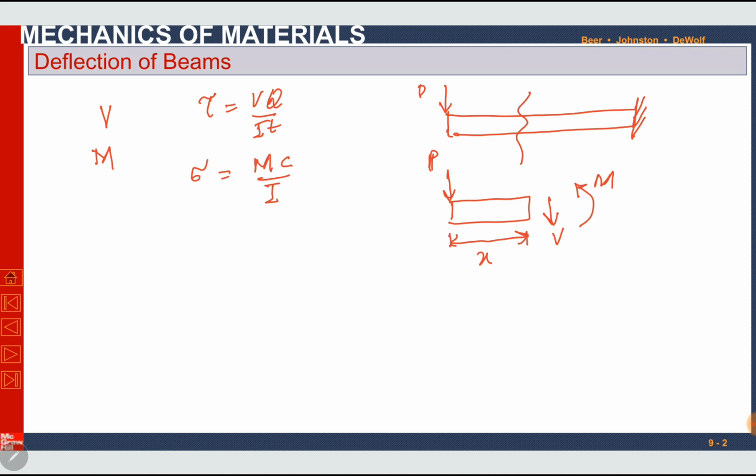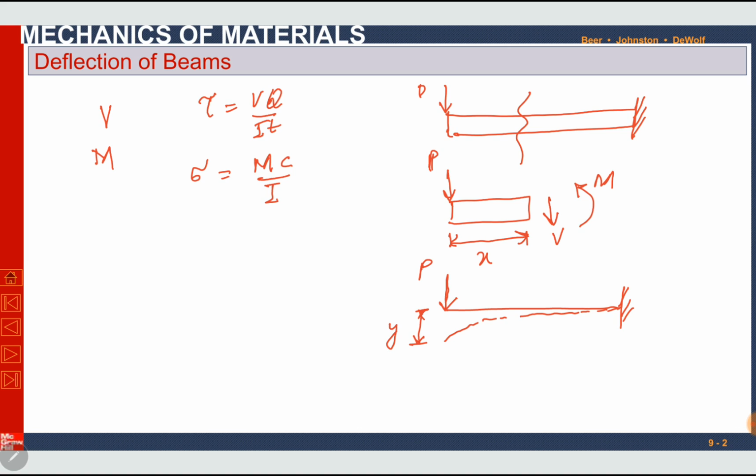Now in this chapter, we will further study deflection and slope. What is deflection and slope? For example, if a beam is under force, transverse force, it will deform and there will be deflection in the direction of the force.